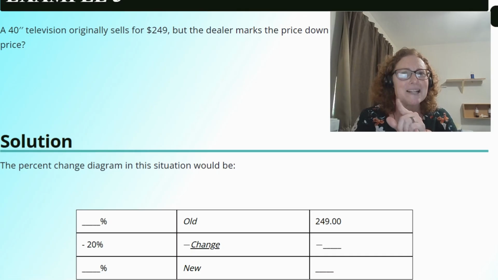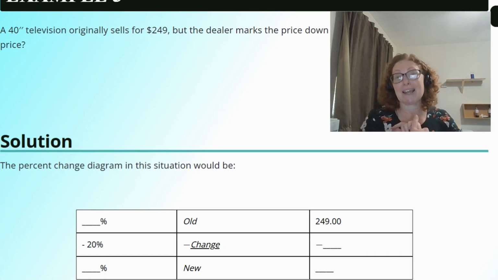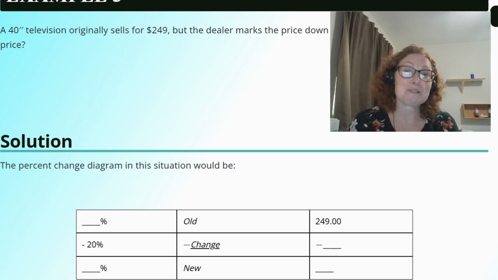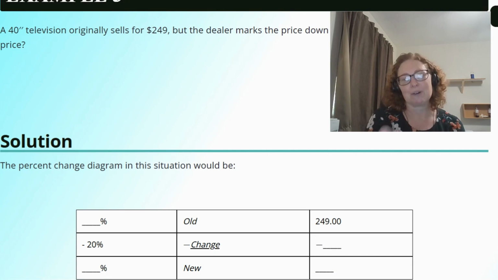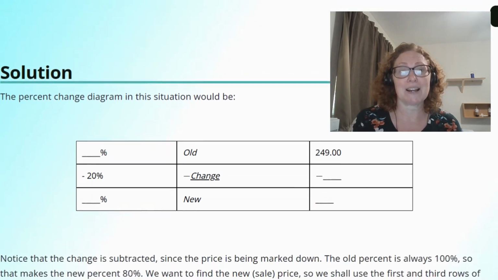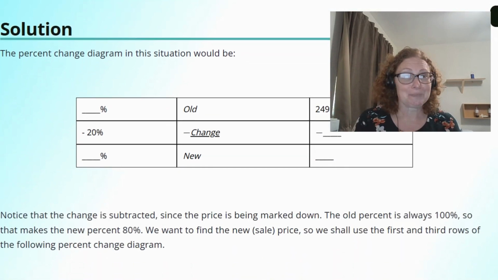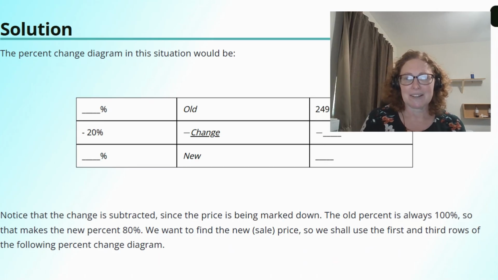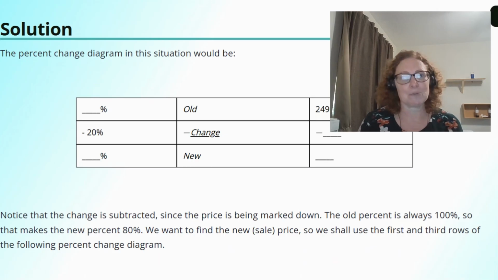So you can put that in the top block of your diagram. And we also know that he marked it down 20% for a sale. So he marked it down, so we know we're going to subtract, and we know that we have the 20. So we put the 20 in there. Now, remember, the old percent is what? Always 100. So that's 100 minus the 20. So we know that the new percent then would be 100 minus 20, which would be 80, right?